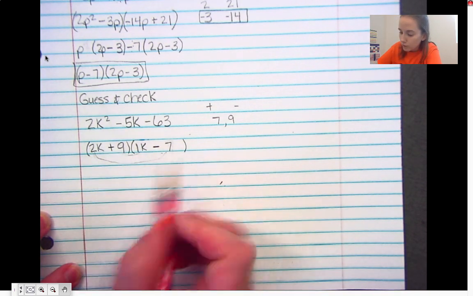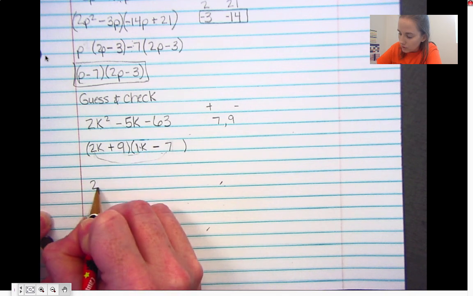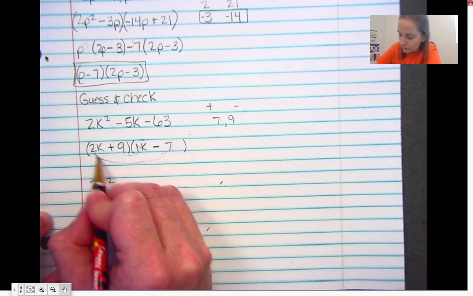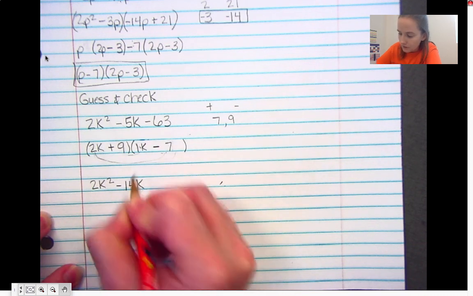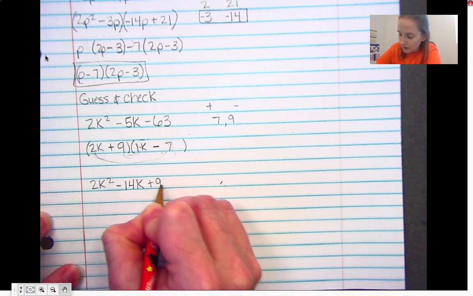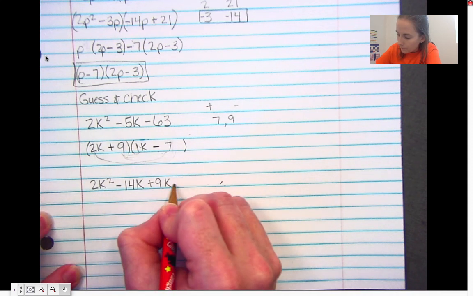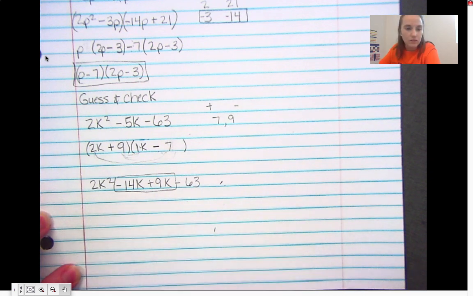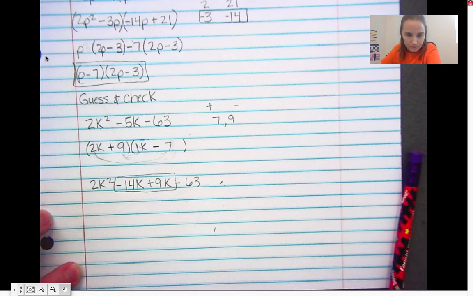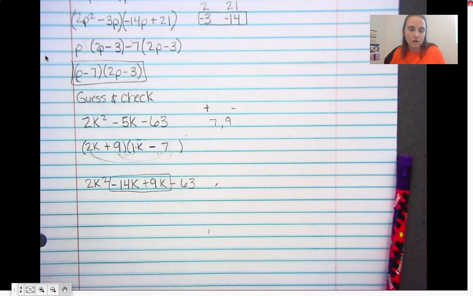Now if we were to FOIL this back out, we have 2k squared, and then this part gives us negative 14k plus 9k minus 63. And this section here does give us negative 5. So those are your 2 ways to solve if they have a leading coefficient that is not a 1. If you have any questions, make sure you ask. All right, have a good night.